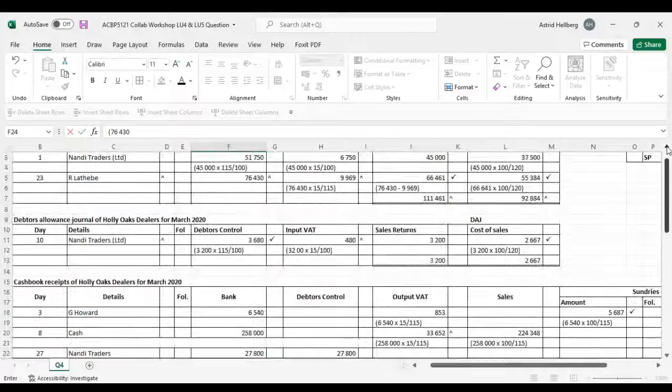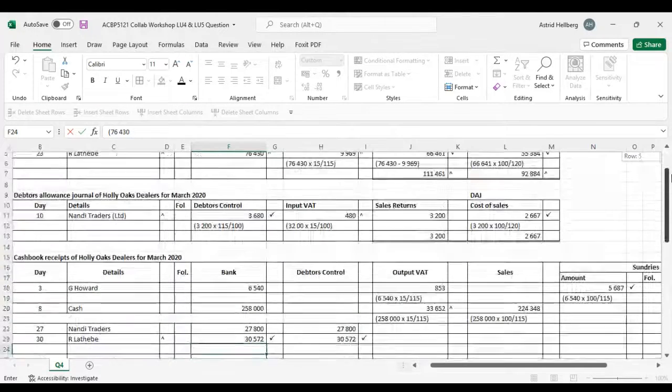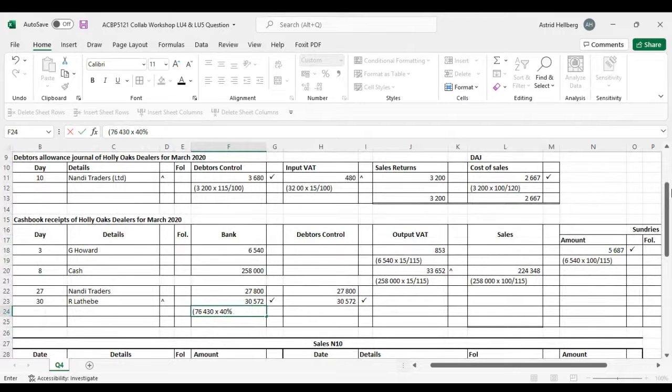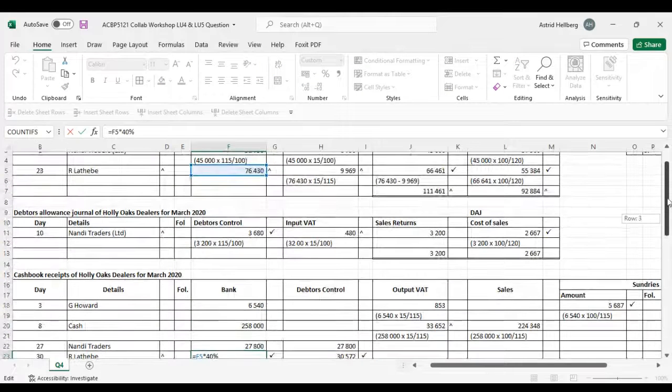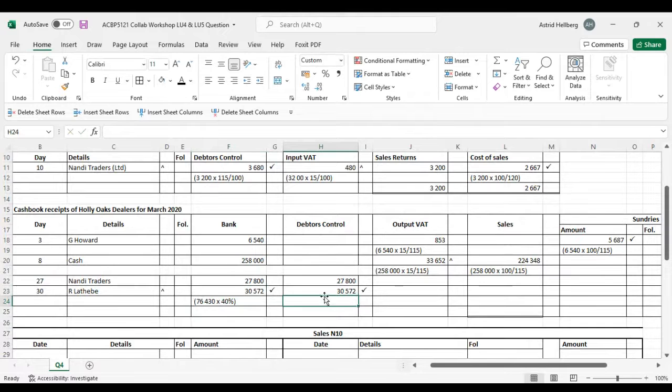And they haven't returned anything, so you take that and you multiply it with 40%. Should give you the 30,575. So let's quickly see if that's the formula I've got. Yes. Okay. And then that goes off to debtors control, and then the difference would go to your general journal.